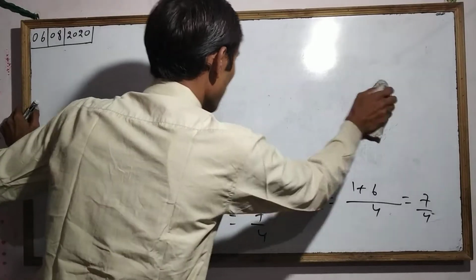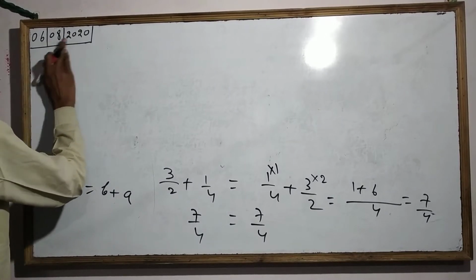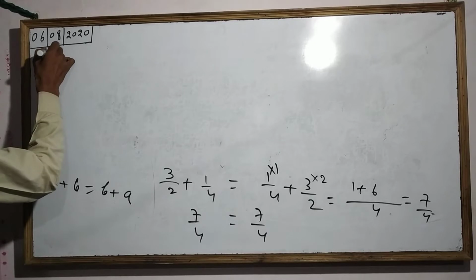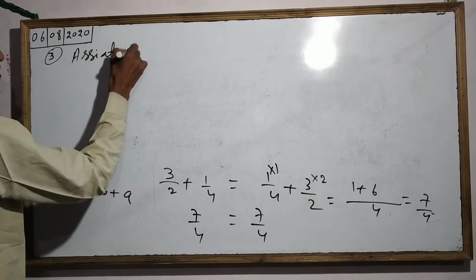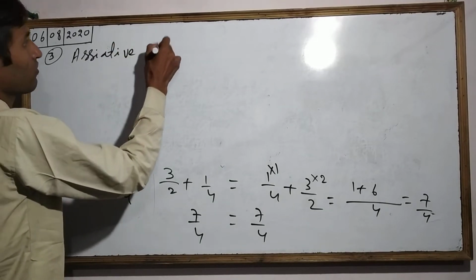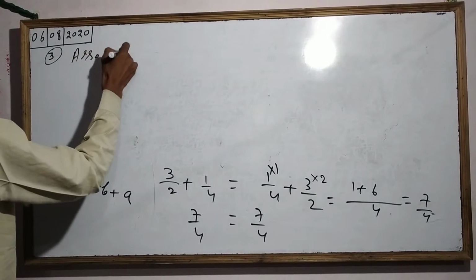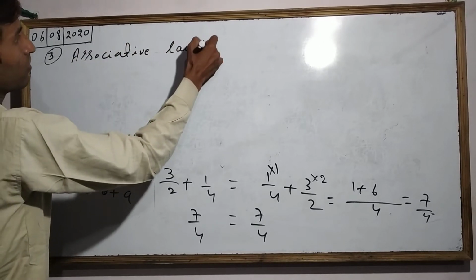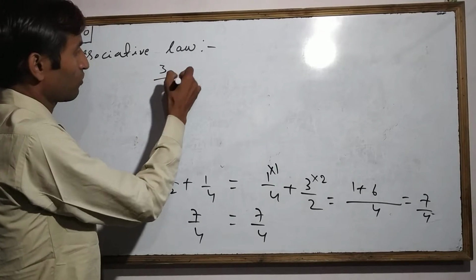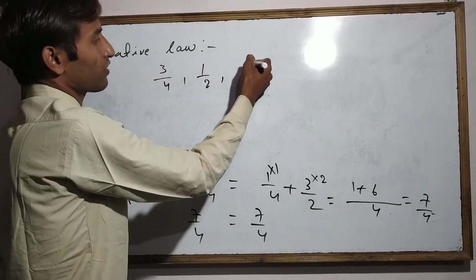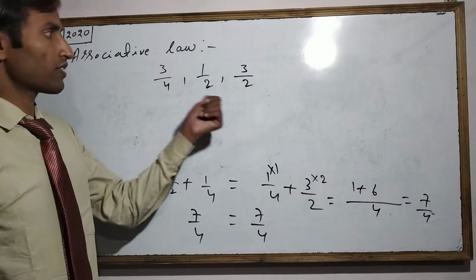The associative property, or you can say the associative law, means we have to take three rational numbers. Three rational numbers: 3 upon 4, 1 upon 2, and 3 upon 2. So I have taken three rational numbers like this.